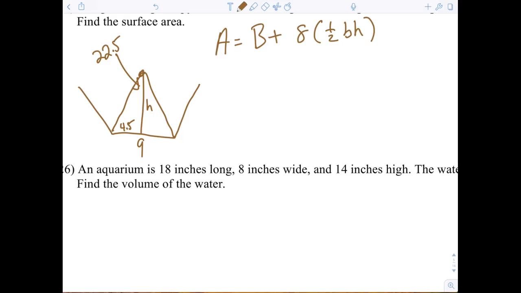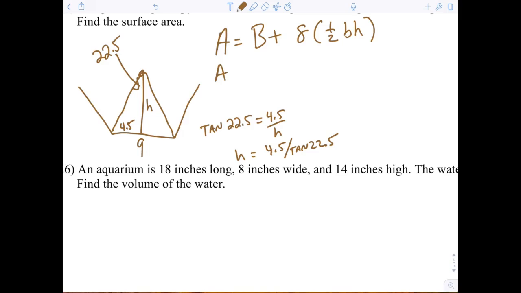So let's take a look at it. So we would say the tangent of 22.5 is equal to 4.5 over h. H is equal to 4.5 divided by the tangent of 22.5. All right?